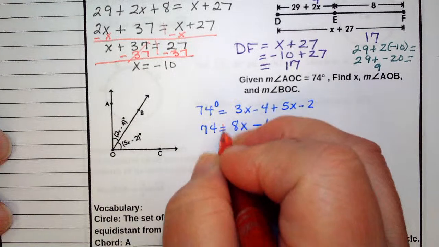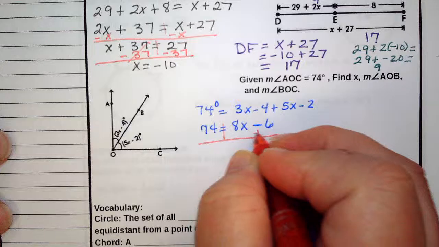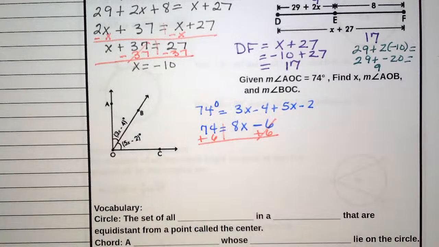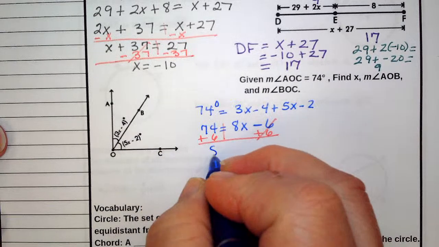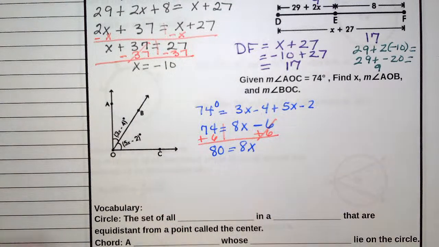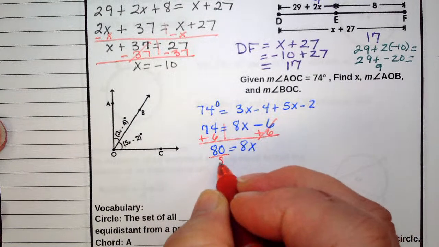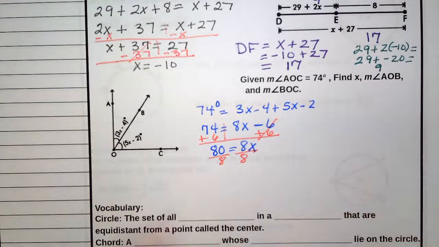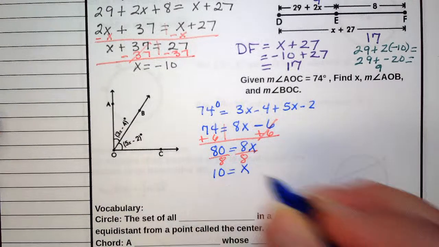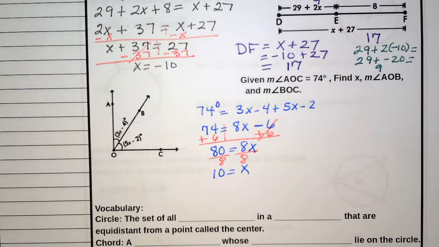I will add 6 to both sides. 80 is equal to 8x. Divide by 8. And 10 is equal to x. Now, multiplying by 10 is very quick and easy.